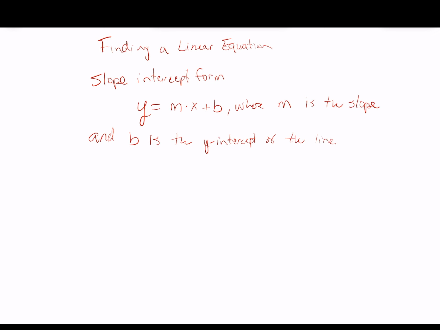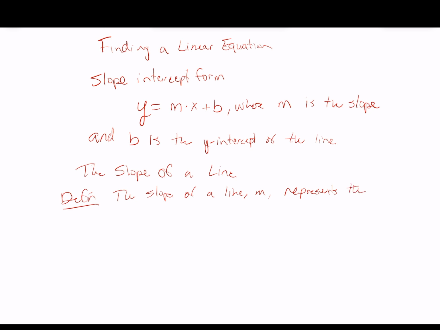So let's first talk about the slope. The slope of a line. Time for a definition. The slope of a line, denoted with m, represents the change in y over the change in x.